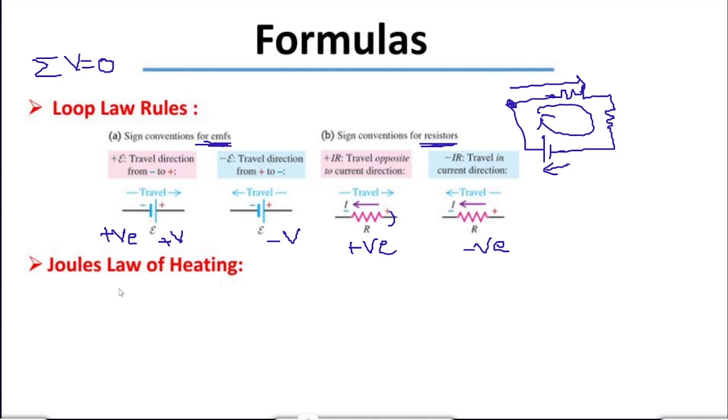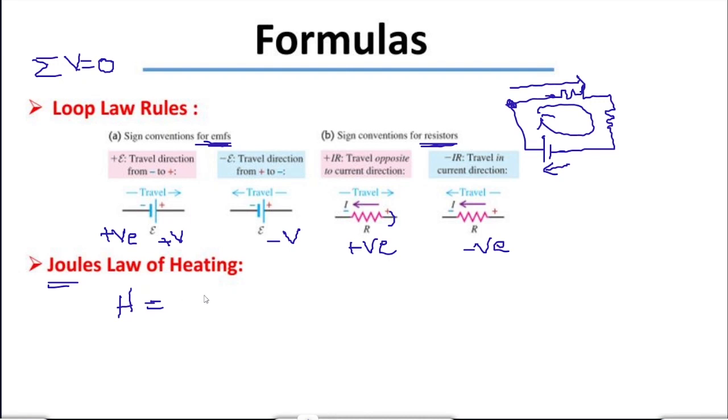In CBSE, state board students, you can relax for this particular point. Joule's law is only for the CBSE board. Joule's law of heating says that whenever a current passes through a conductor or any material, it gets heated.